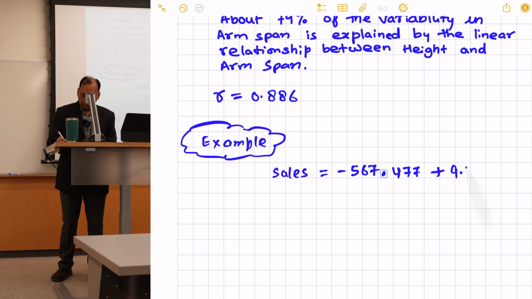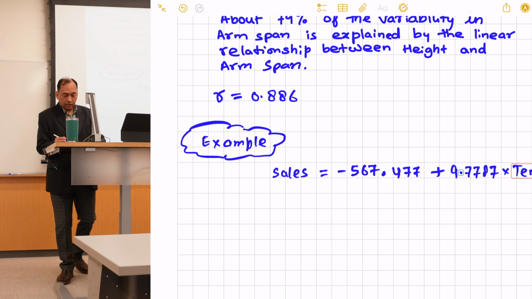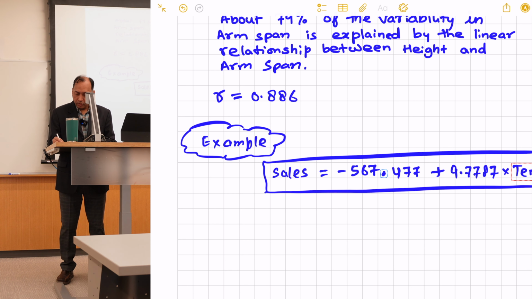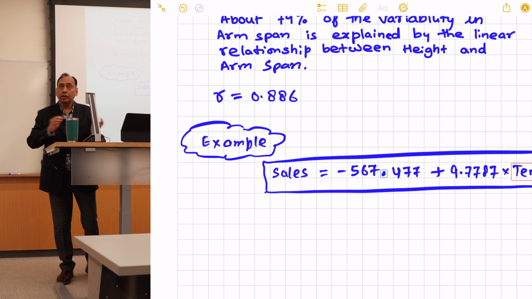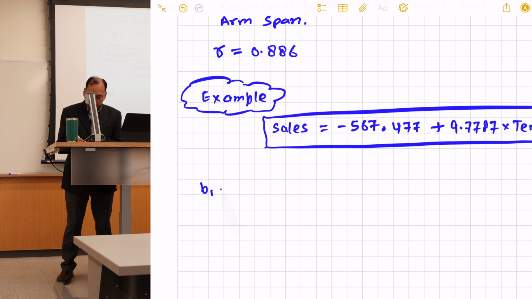Plus times temperature. So that's the equation of the straight line. After confirming through scatter plot that relation between these two variables is linear, B1 or slope equals 9.7787.